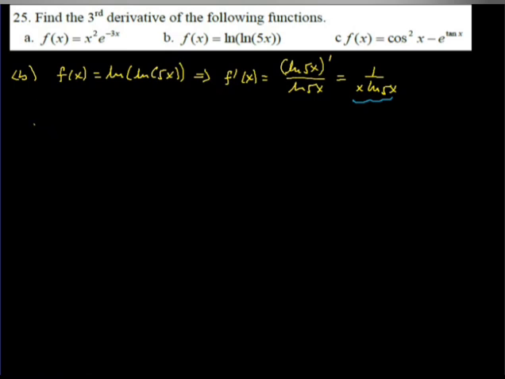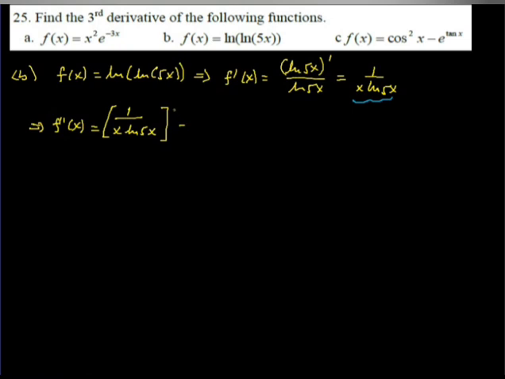So to calculate the second derivative, the second derivative of this function will be obtained by taking the derivative of the first derivative, which is 1 over x ln 5x. This derivative requires both quotient rule and chain rule.